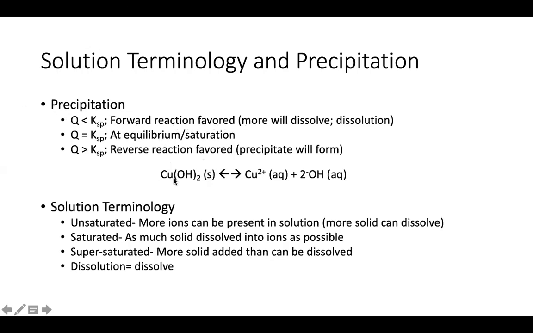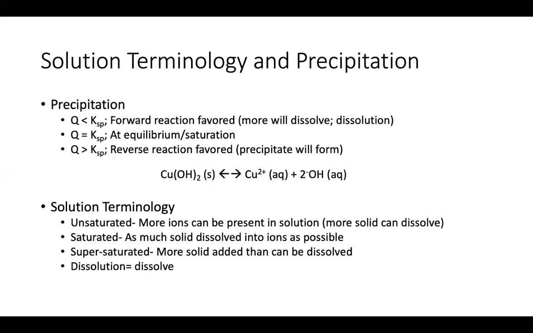So looking at a normal Ksp equation, we will continue to dissolve our solid into its respective ions. If our Q is equal to our Ksp, that means we're at equilibrium, we're at saturation, and the solution holds as many ions as it possibly can.